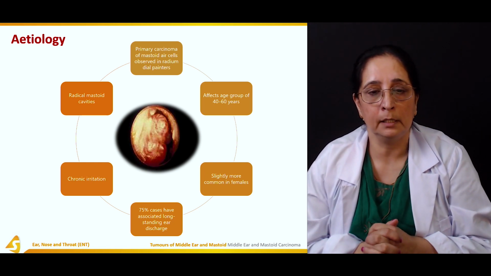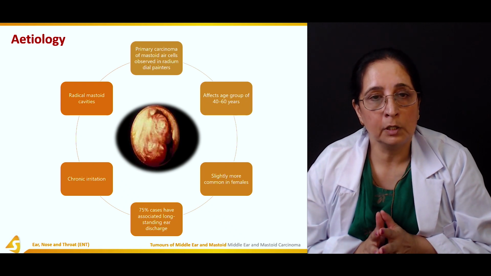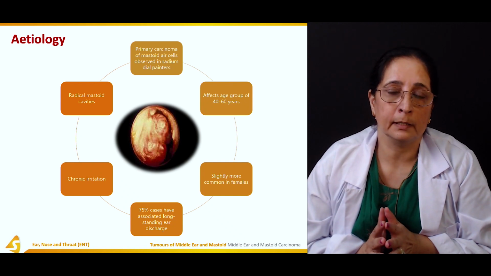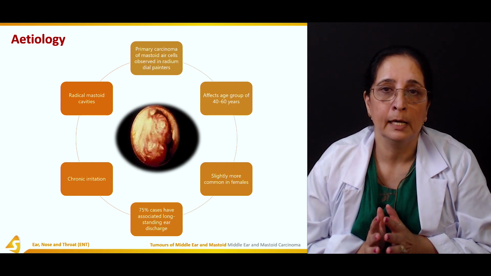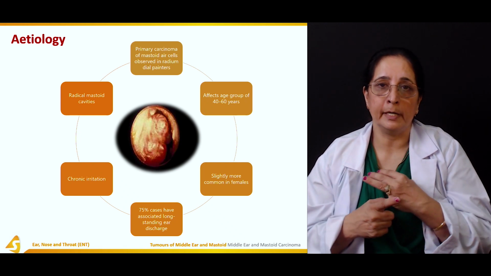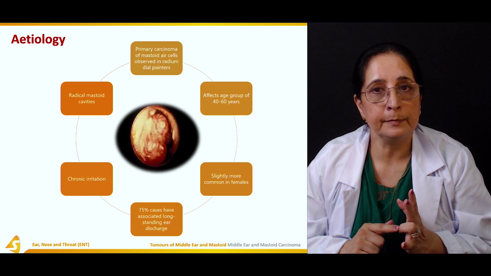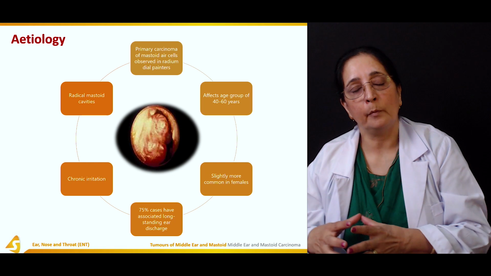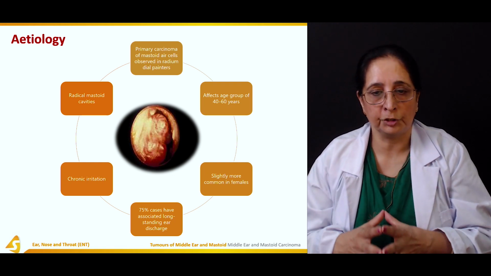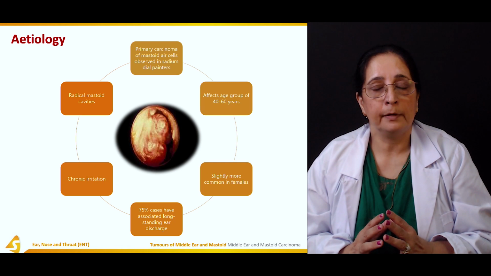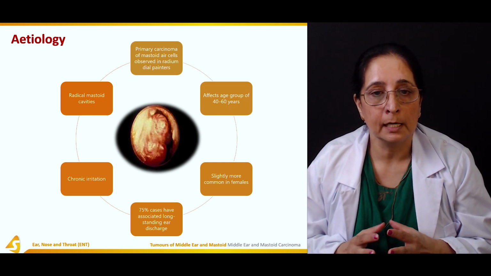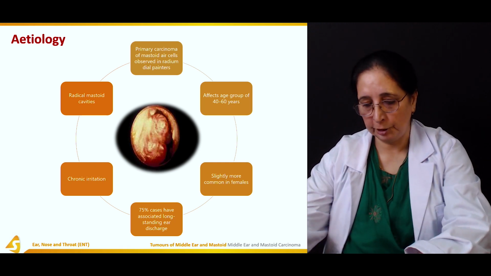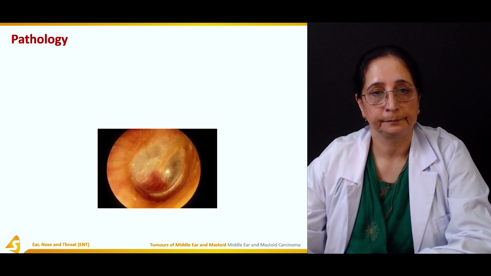So these are the etiologies, or the causes, of the development of carcinomas of the mastoid and the middle ear. More common in females. Radium dial painters can have it more. Associated discharge is more common in patients who have ear discharges, if there is chronic irritation present and if there are mastoid cavities. So these are the etiologies of the carcinoma.